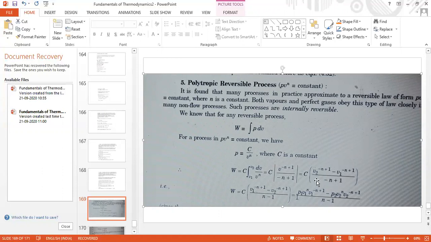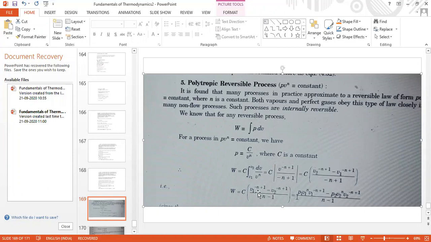For example, I told you mathematics is not unique. You can keep this equation as it is or as this is written. That means here, in the denominator, the sign is changed: minus n is written as plus n, plus 1 is written as minus 1. And the same should be done in the numerator also.